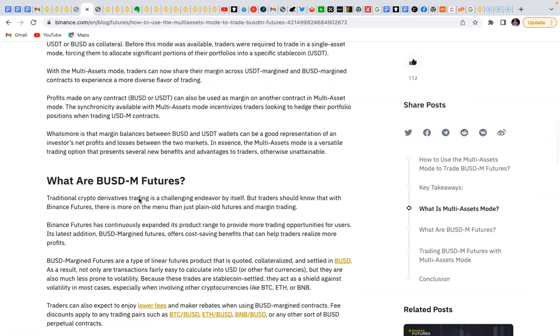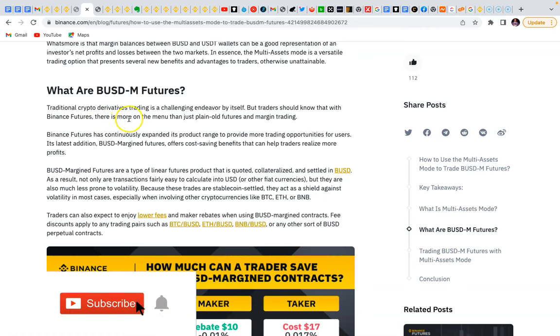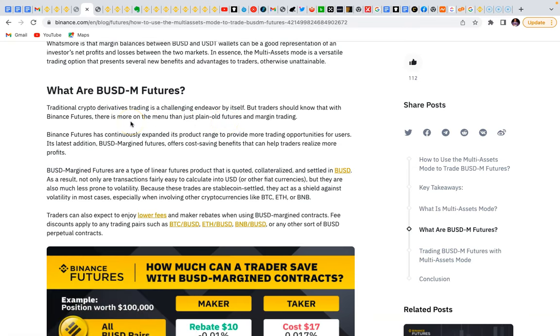Here is what BUSD margin futures are. Traditional crypto derivative trading is a challenging endeavor by itself, but traders should know that with Binance futures, there's more on the menu than just plain old trading and margin trading. All right, so BUSD margin futures are a type of linear product that is quoted, collateralized, and settled in BUSD.